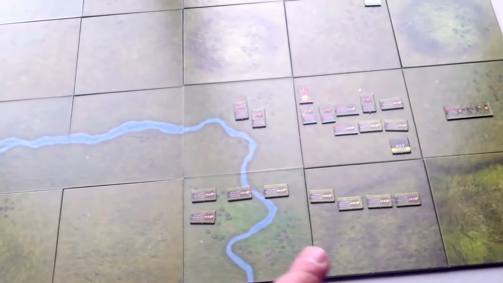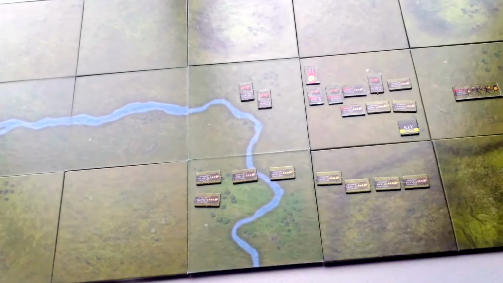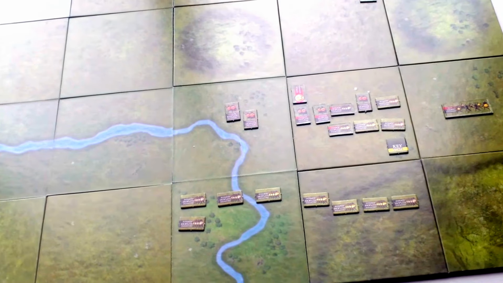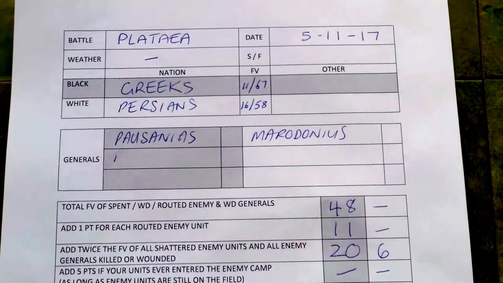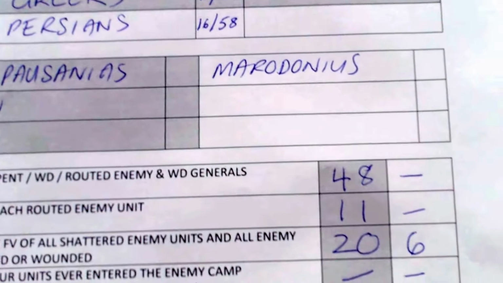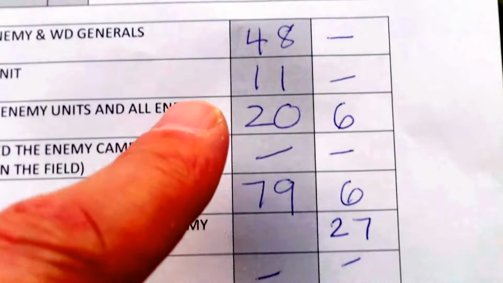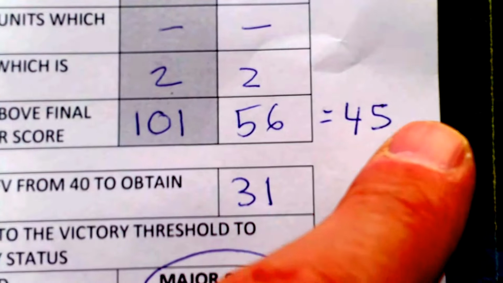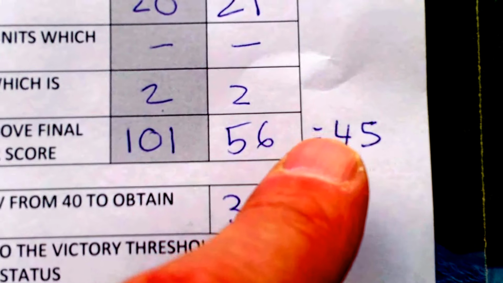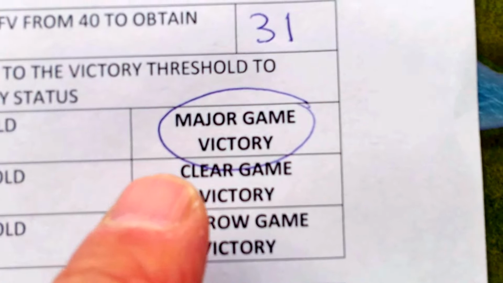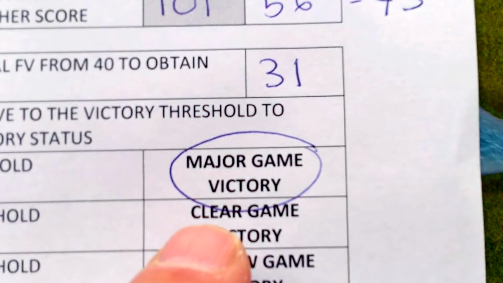But a fascinating affair, very much confined to the right hand side of the field, and let's do a tally of the victory points to see how it worked out in the end. Okay, so here we go with a wrap up of the points victory calculation, and we ended up with the Greeks having a point superiority of 45, which is very, very significant, and that turns out to be a major game victory.